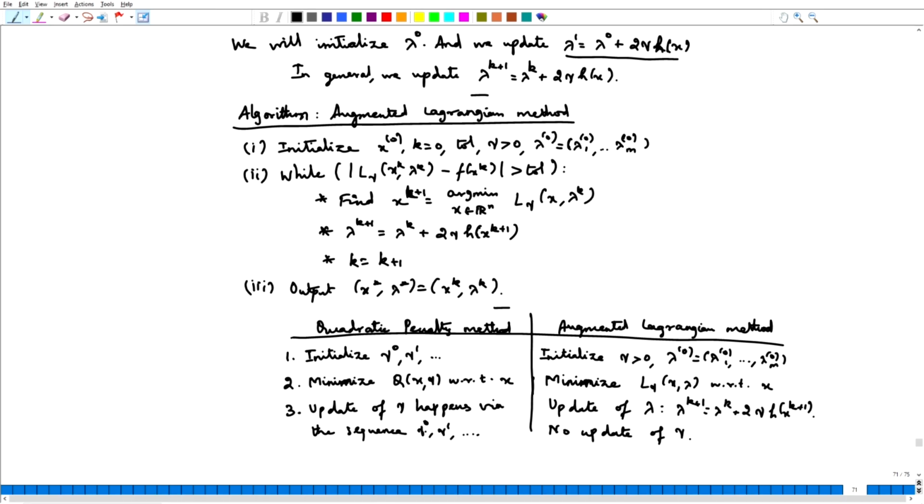The most important thing that we need to mention is that the two issues that I mentioned for quadratic penalty method, for high values of gamma, are not going to occur here.